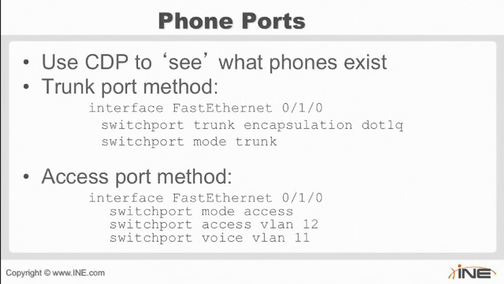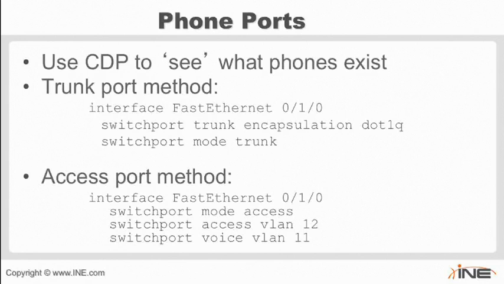So the trunk port method, we explicitly configure the trunk. The access port method, we're saying switchport access vlan 12, which is our data VLAN, and switchport voice vlan 11. The switchport voice vlan is, of course, what's being passed on to the phone through CDP to tell it what internal switch port it should attach to.